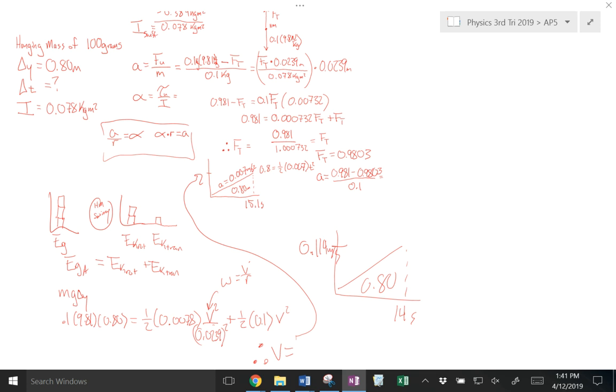If I take the square root of 0.114, I get 0.337. 0.8 times 2 divided by 0.337. That's not what I was looking for. What's rotational energy? Yep. I think I forgot to take a square root somewhere here, though.